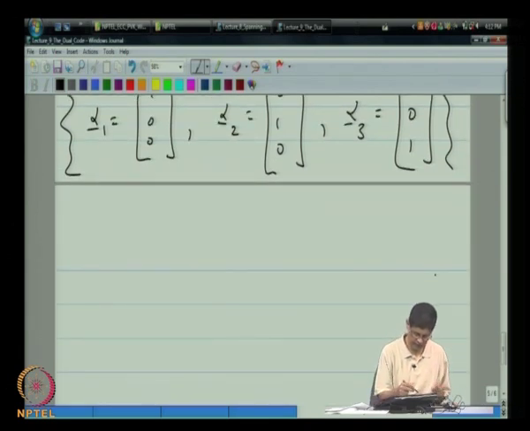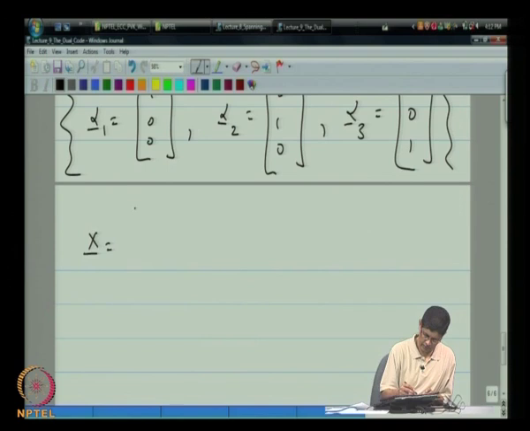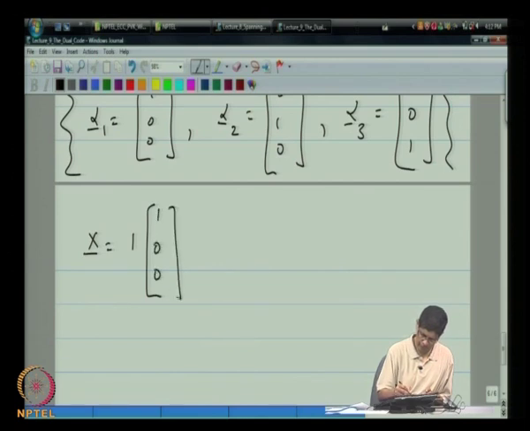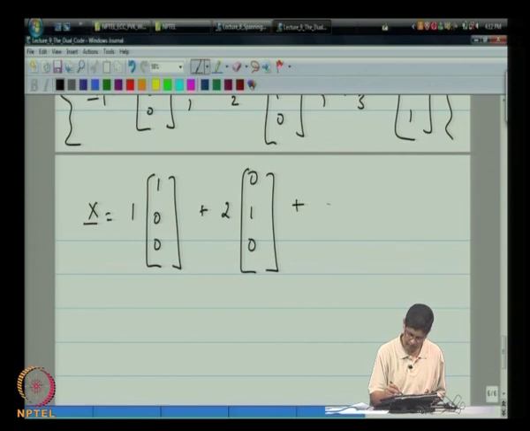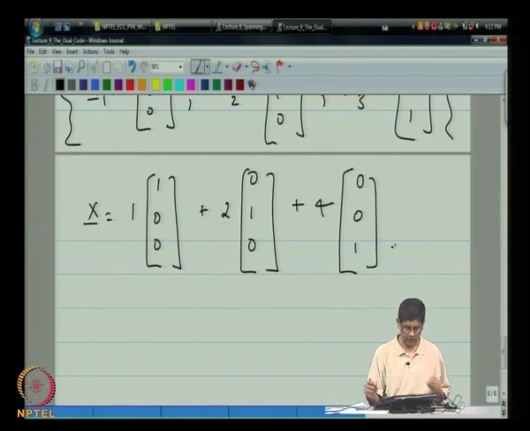Then it is clear that x is 1 times 1 0 0 plus 2 times 0 1 0 plus 4 times 0 0 1, and that this is the only way of writing it.